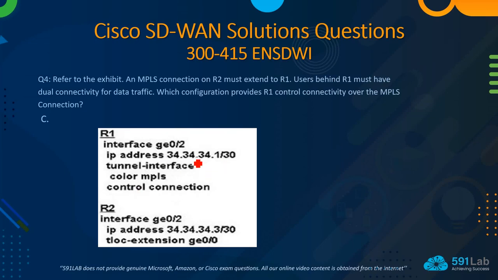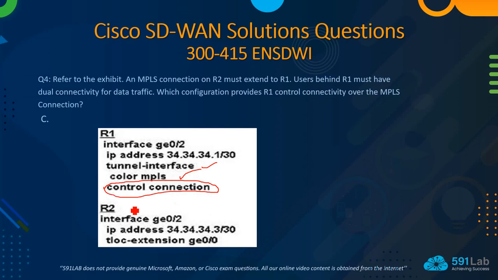In C here we have on R1 the tunnel interface, which is correct, and the color MPLS, which is correct, but we have a control connection. This is not correct syntax. It could be there, but it should be maximum control connection and then a number.